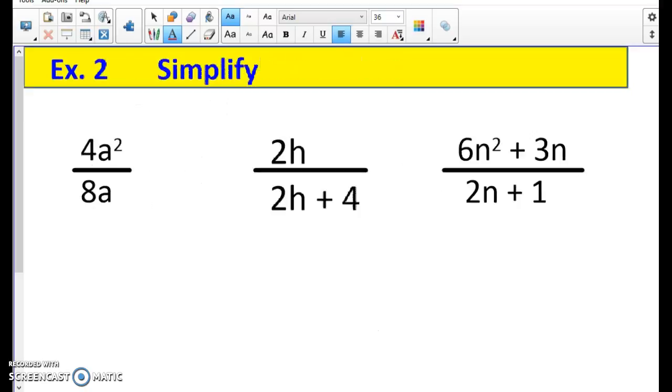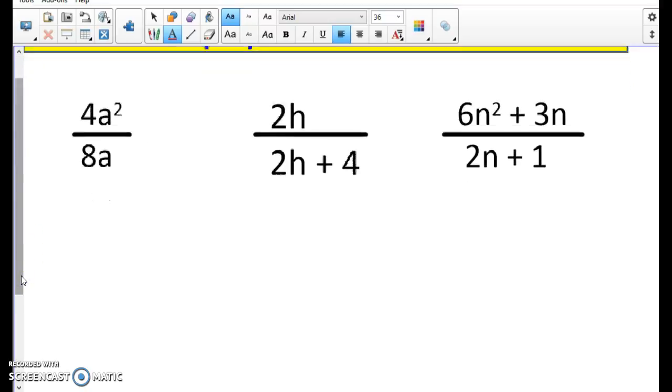Okay, the other part is going to be simplifying. So we need to look at what we have on the numerator and the denominator that can be simplified, and we're just going to simplify it. And the key part here is we can only simplify if it is being multiplied together, not added or subtracted. So if we're looking at something like this, 4 times a, let's write that out.